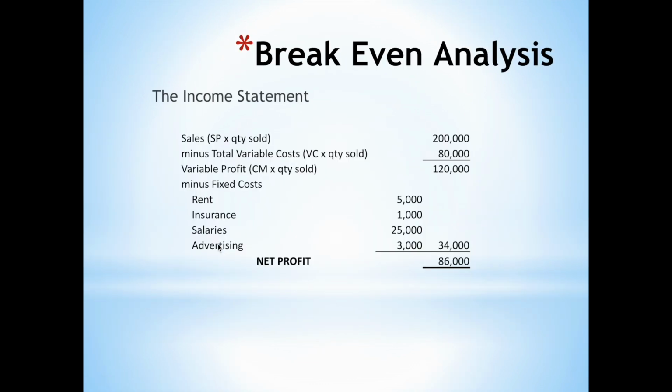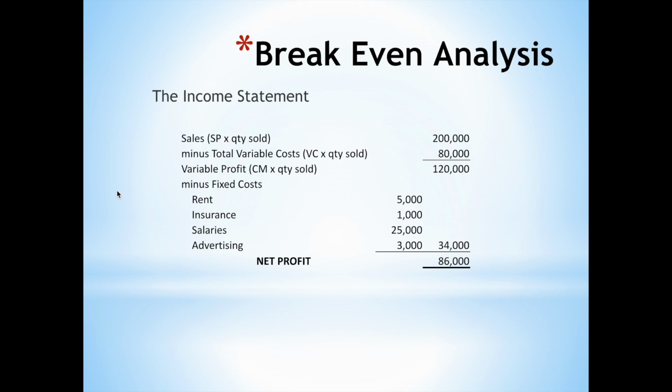So next we have an income statement. When we do our income statement for a service business, we have to consider the sales, which is the selling price times the quantity sold, and then minus total variable costs, which is the variable cost times quantity sold, which gives you the profit.